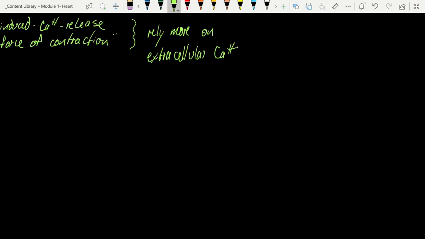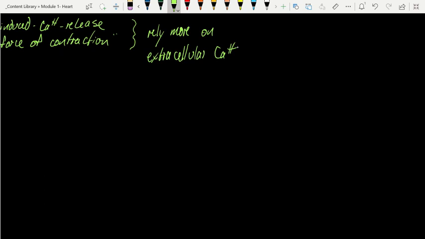These cells have a sarcoplasmic reticulum, but it's not as well defined as you see in skeletal muscle because we're reliant a lot more on extracellular calcium. This actually adds an increased ability to regulate the strength of the muscle contraction based on where I'm getting my calcium from. And we'll show you how to do that in just a minute.